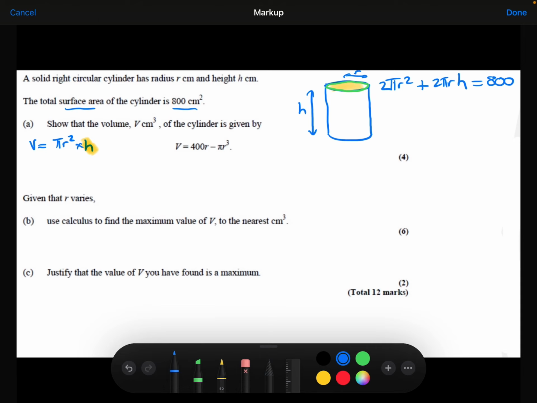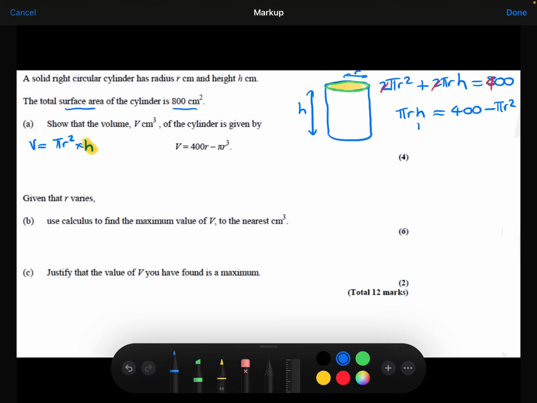I notice at this stage that I could divide through by 2 here. And I'm now going to rearrange to make h the subject. So I would get pi r h is equal to 400 minus pi r squared.